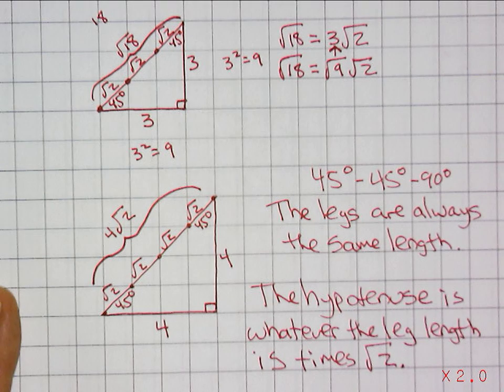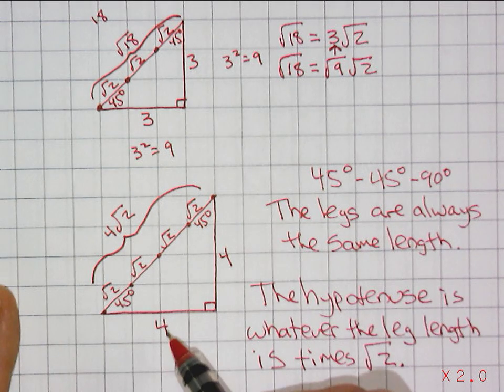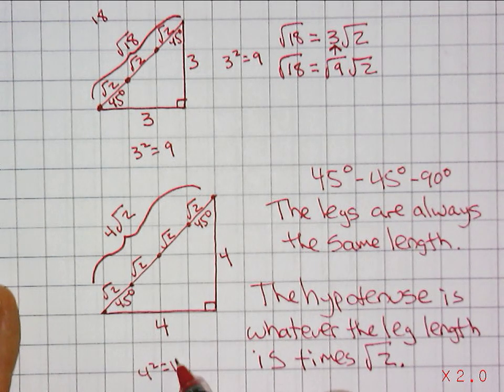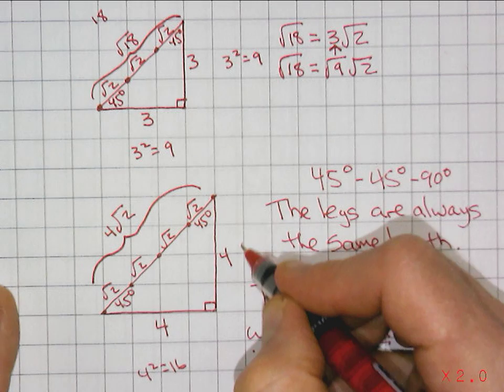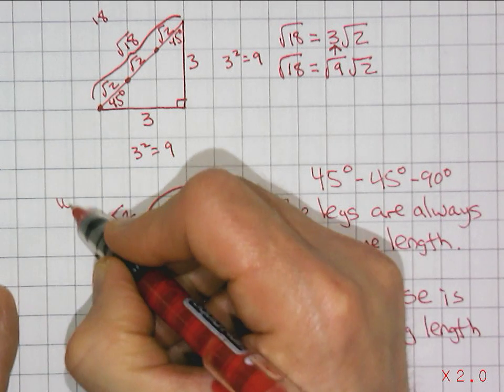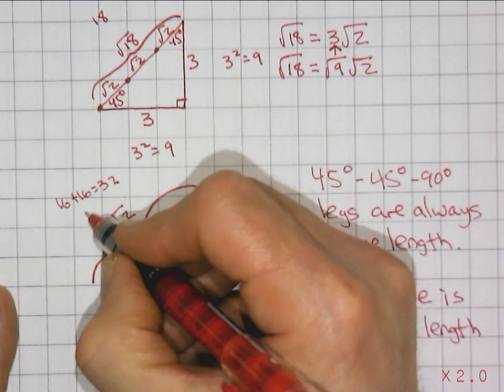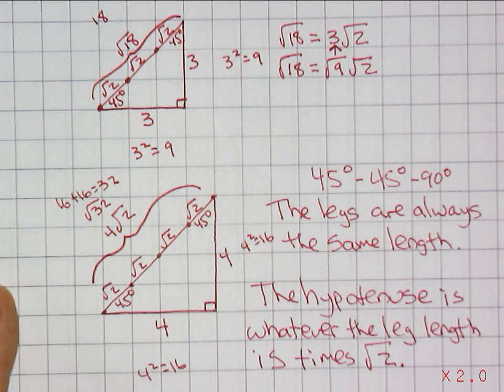And since it's always true, it's something we can always use. And we don't really need the Pythagorean theorem for these. I could have done 4 squared and 4 squared and gotten 16 plus 16 is 32. And I could have said, well, this is really the square root of 32, which would have been a little bit more work.